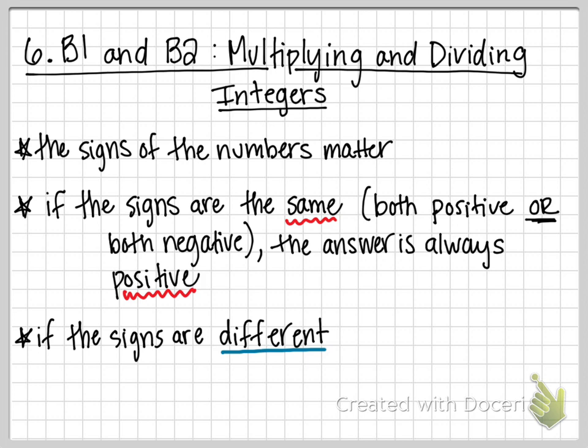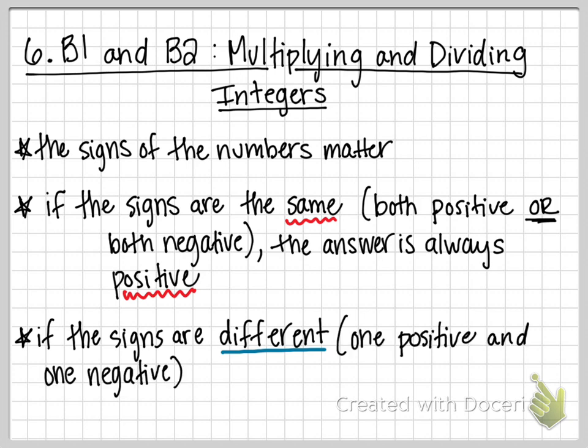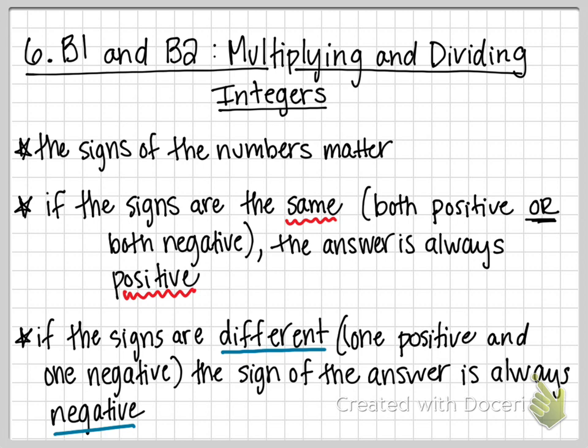If the signs are different, so this means if there is one negative sign and one positive sign, or one negative number and one positive number, if the signs are different, then the sign of the answer will always be a negative.